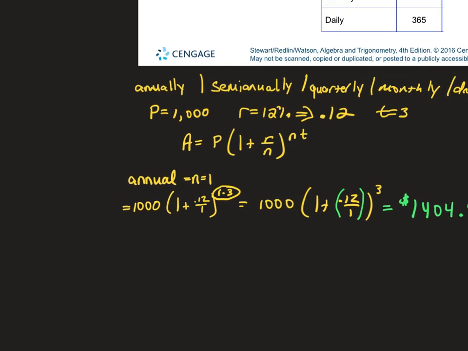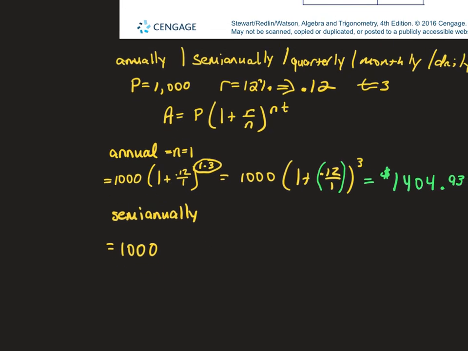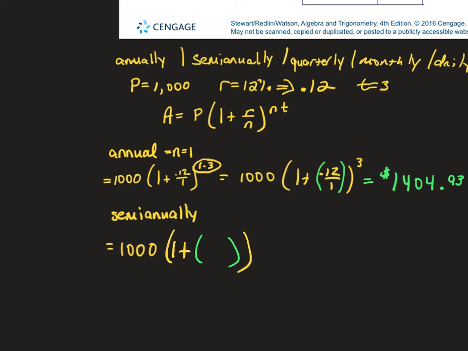So now if I'm going to do semi-annually, how does this change? And again, you guys may not have a calculator or anything like that, so you can follow along with this later. But how does semi-annually change from what we just did with annual? What changes in my formula? I still have my principal as 1,000.